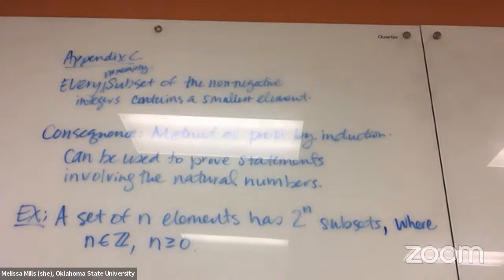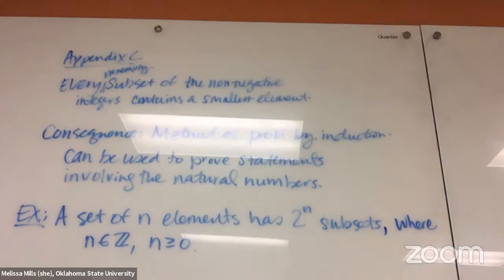What makes this statement believable to you? We said that if you have a set and you want to generate a subset of it, every element is either going to be included from the original set or excluded.